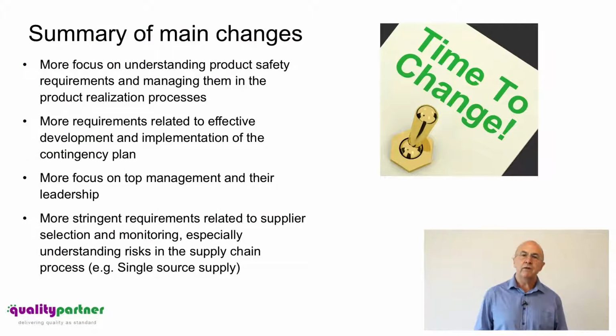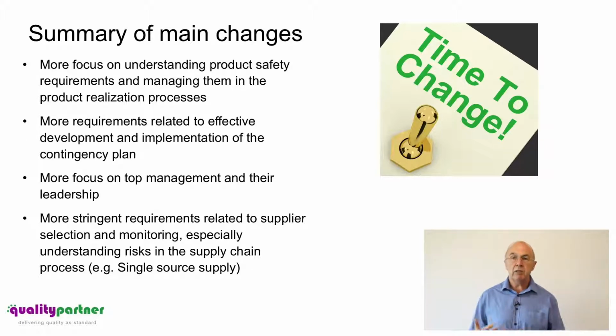So let's now run through a summary of some of the main changes within IATF 16949-2016. The first thing that we see is far more focus upon the organisation understanding product safety requirements and managing them within the product realisation process. Within the scope of the IATF scheme, our organisations are supplying product that will go into a car, a bus, a truck or a motorcycle.